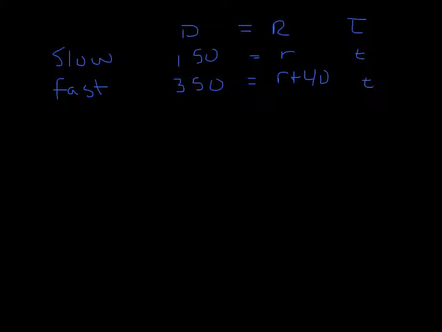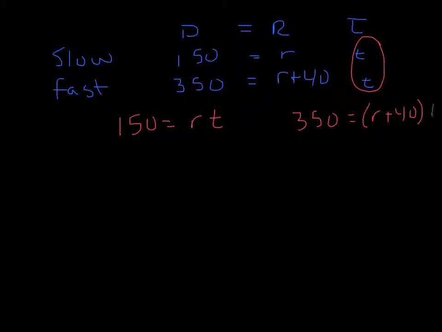And what do we have that's alike? We have the t's are alike, right? We don't know the time. So we're going to go ahead and solve for those. So we have 150 equals r times t, and 350 equals r plus 40 times t.